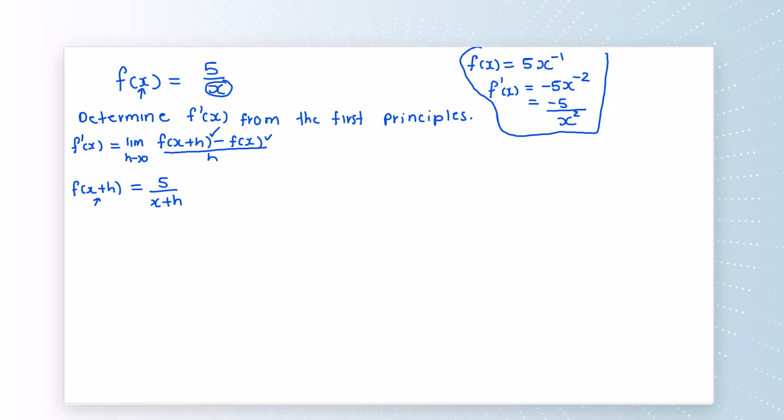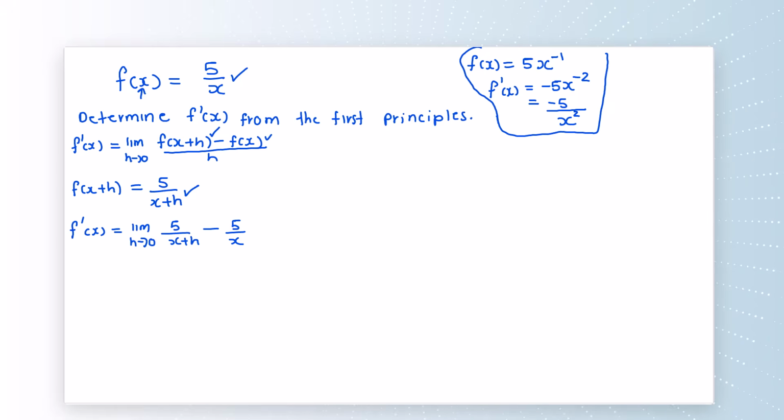Let's go and substitute into that formula, and then we do some algebra. Beautiful. So it says f prime x equals the limit as h tends to 0. It says f of x plus h. Remember, f of x plus h is that. So I'm going to go ahead and substitute f of x plus h minus f of x. F of x is the original equation, so we're going to have over 5 over x.